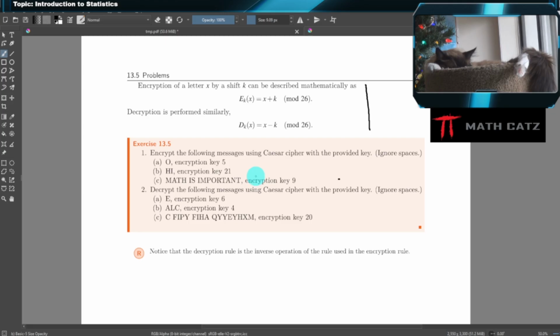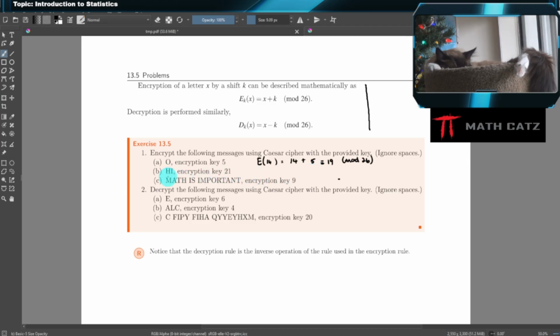So we would then take our encryption of the value 14, and that would be 14 plus our key of 5, which is 19, also mod 26. So no loop was happening there.